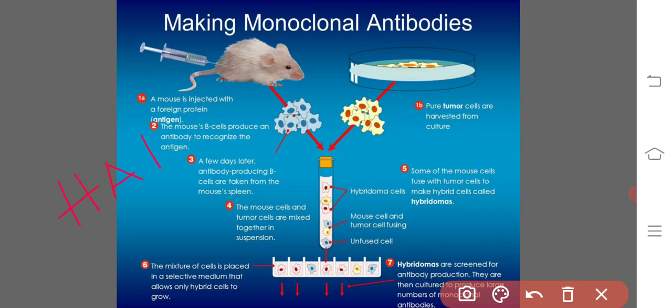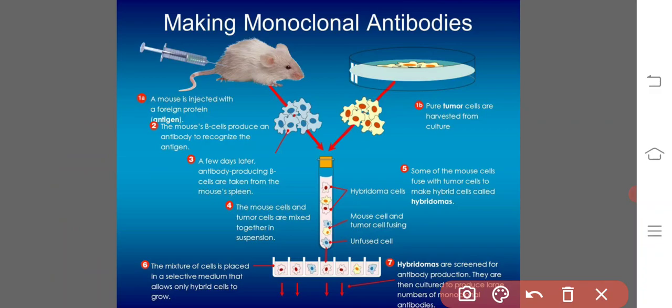HAT stands for H for hypoxanthine, A for aminopterin and T for thymidine. It allows only the hybridoma cells to grow in that medium, and the remaining unfused cells will not grow.